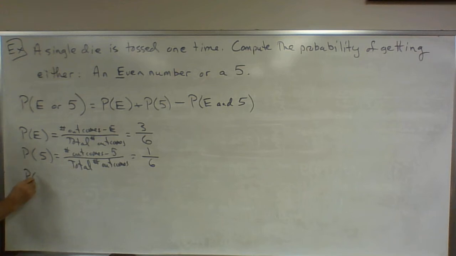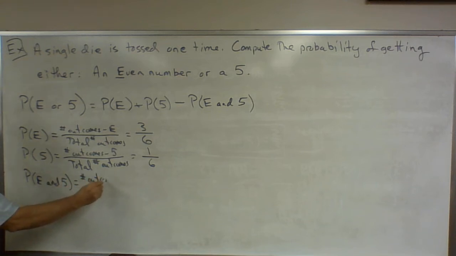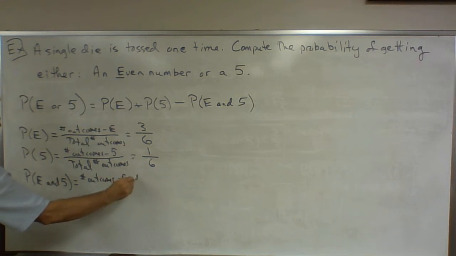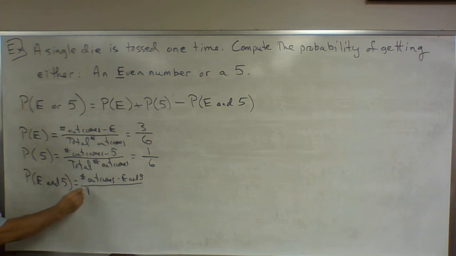And then we compute the probability of getting an even number and a 5, and that's the number of outcomes, E and 5, over total number of outcomes, period.